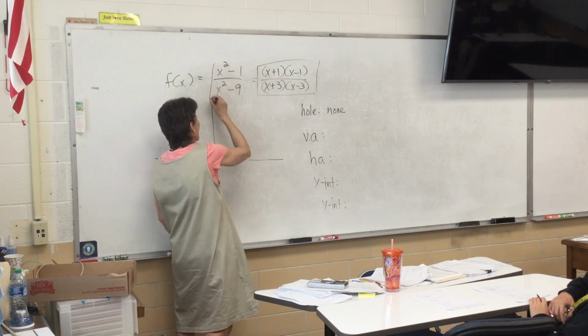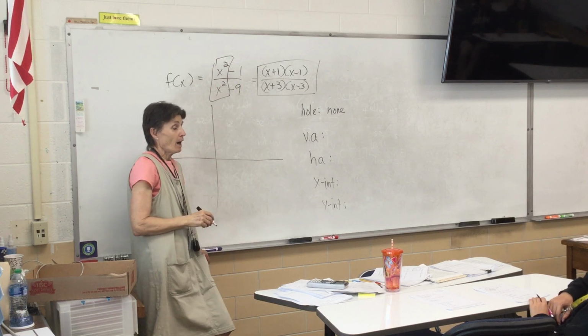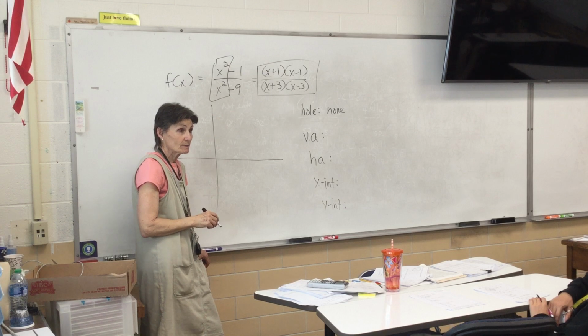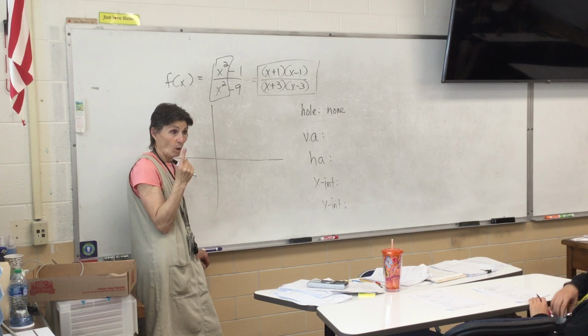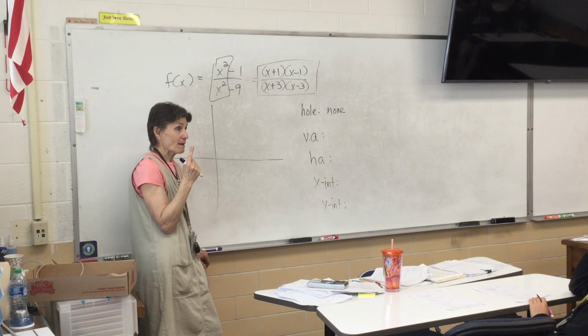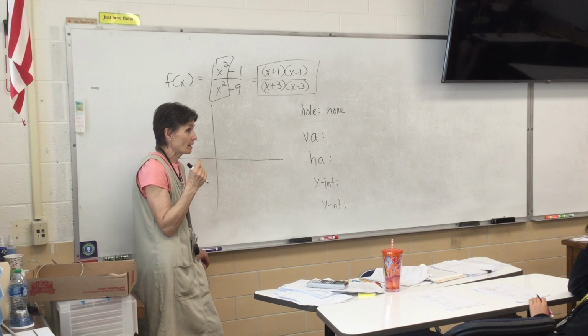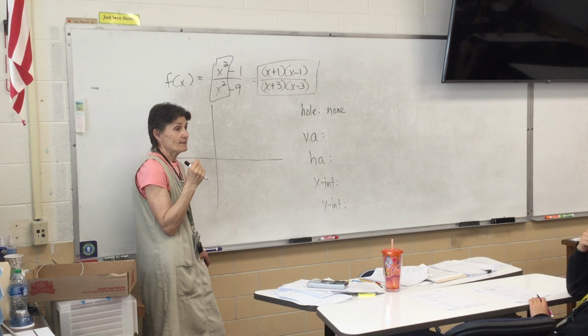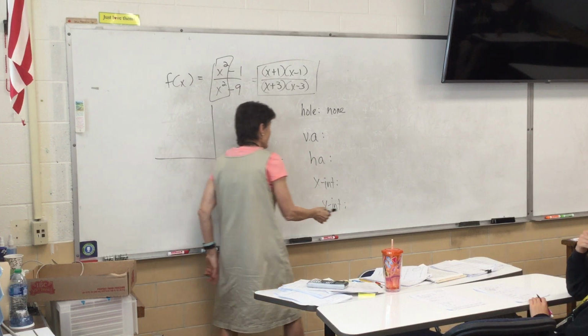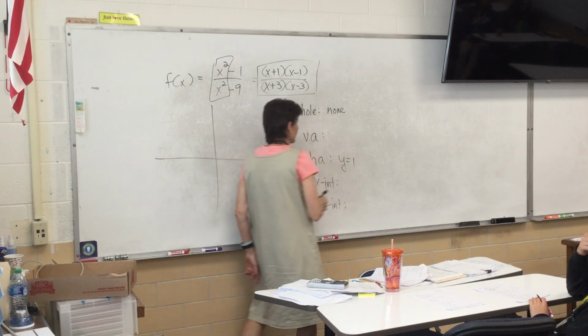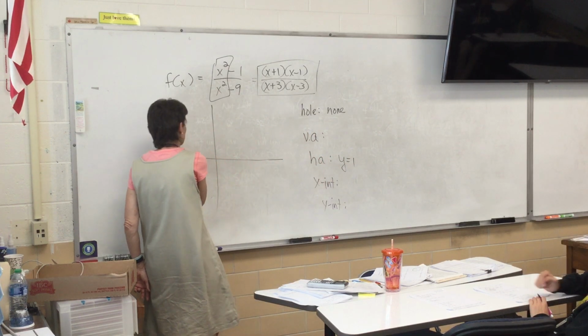Well, if I go back to the original problem, I have x squared over x squared, which makes 1. So is that my vertical asymptote or my horizontal asymptote? Horizontal. So my horizontal asymptote is y equals 1.